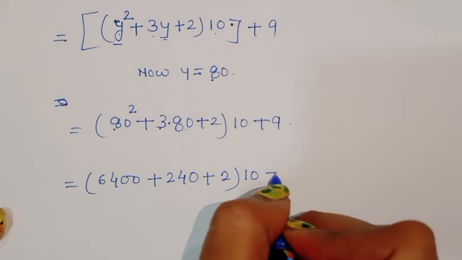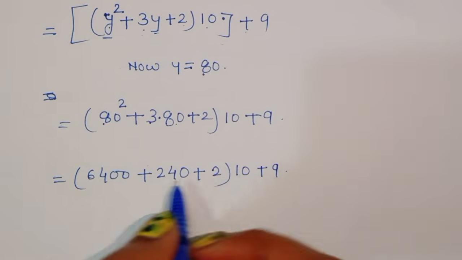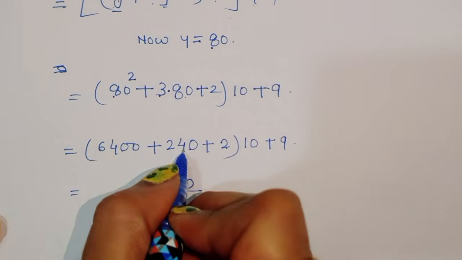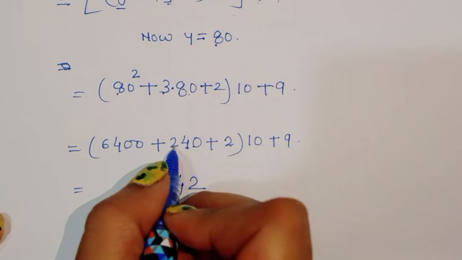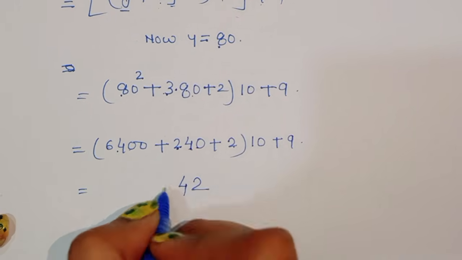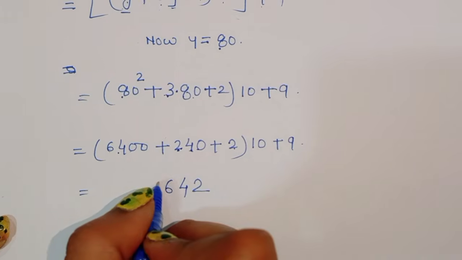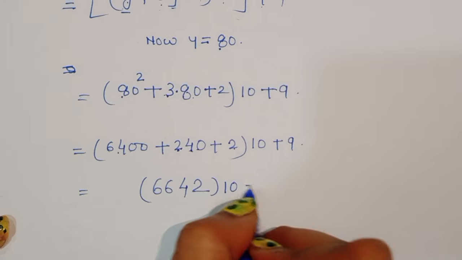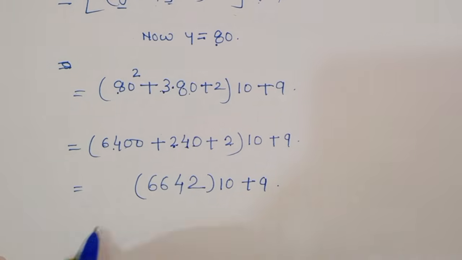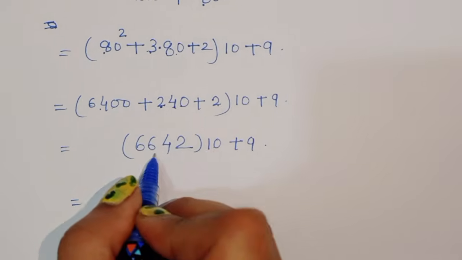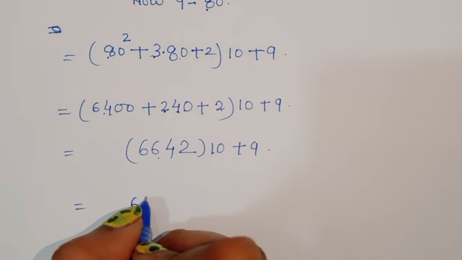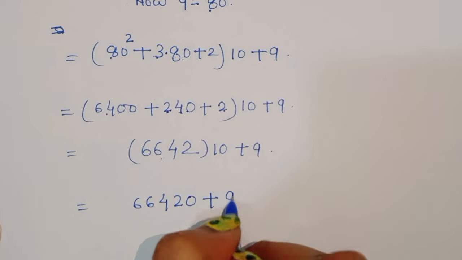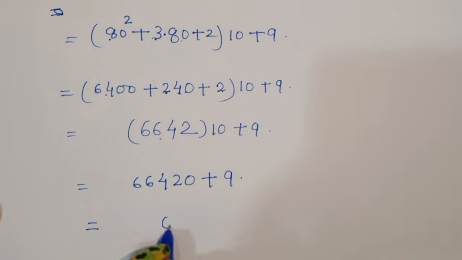When we add these, we get 6642 times 10 plus 9. Now when we multiply, we get 66420 plus 9.